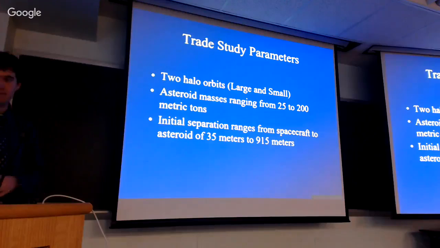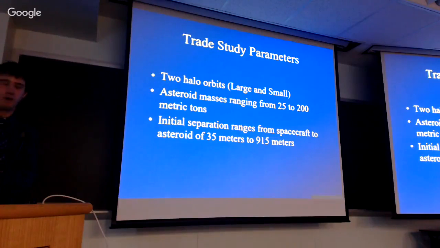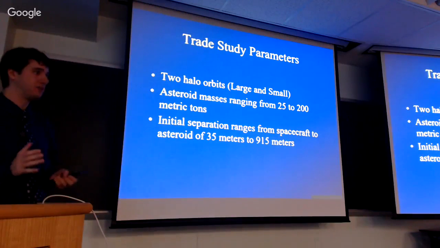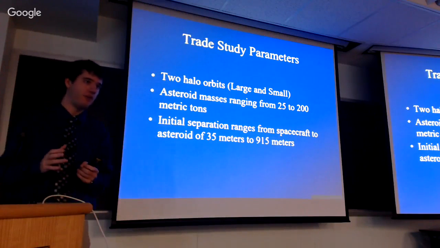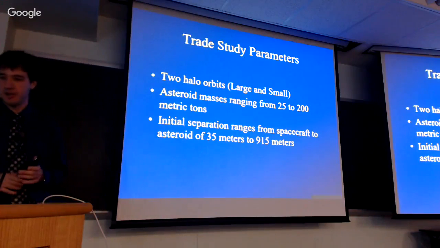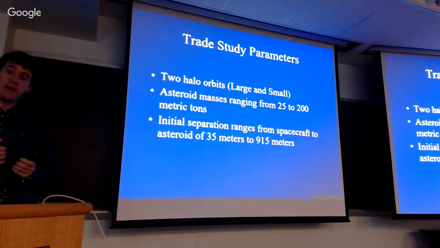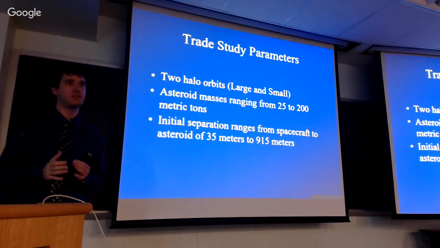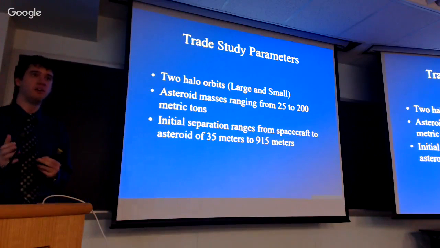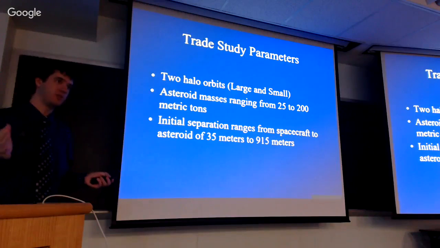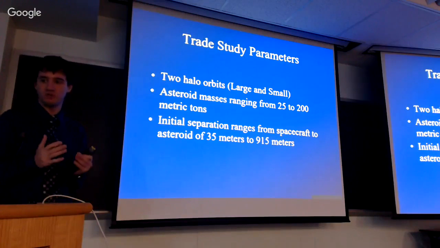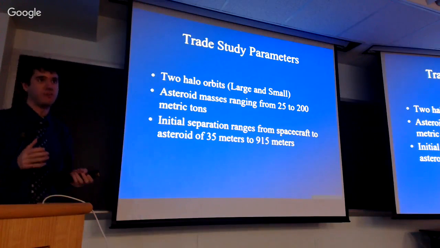For the parameters of this study, I'm considering 2 halo orbits of about 2,000 kilometers and 5,000 kilometers. The asteroid masses I'm considering were based on what the ARM mission was looking at, a range from 25 to 200 metric tons.